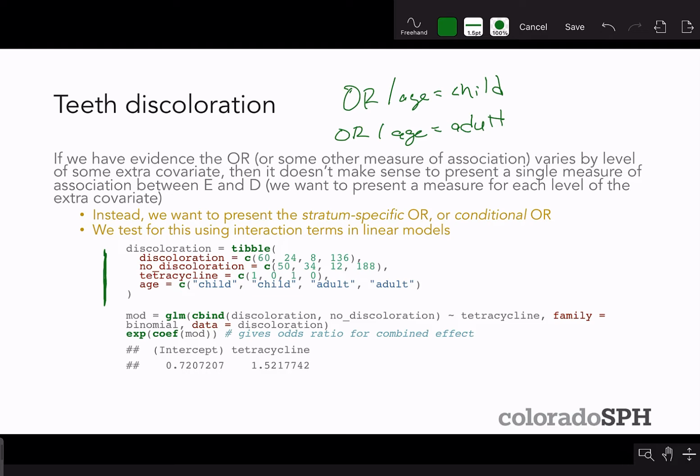Then I build a logistic regression model with teeth discoloration as the outcome and tetracycline as the covariate of interest. This is just a 0 if you did not receive tetracycline and a 1 if you did. Here you can grab the coefficients of that model and exponentiate to get the odds ratios, and here you see I am not using an interaction term for this model. This is just the odds ratio for the combined data.